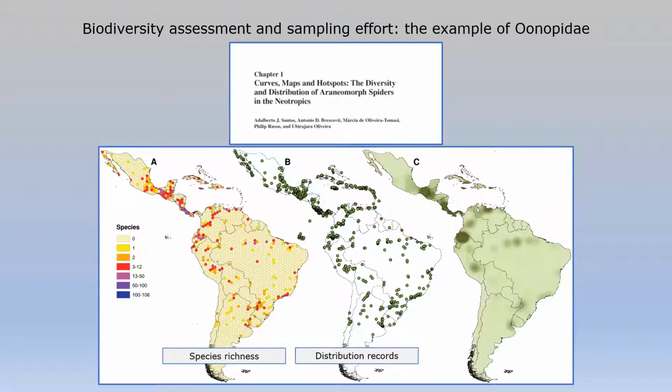As you see by the color scale, we have a lot of geographic variation in Oonopid diversity. The map on the right shows a spatial interpolation of species and record density. So the darker the area, the more species and more distribution records can be found there. Notice then that we have something like Oonopid hotspots of biodiversity.